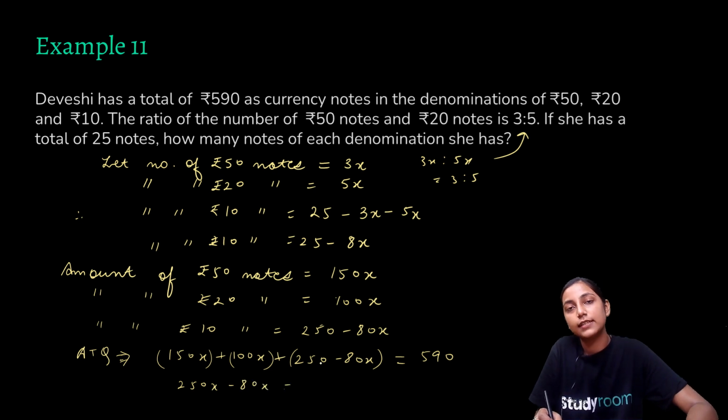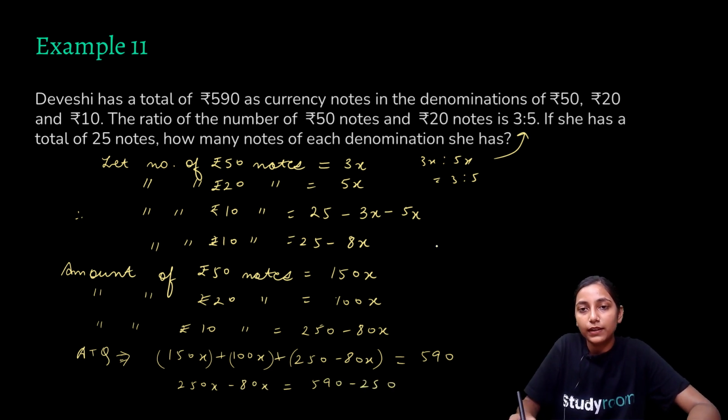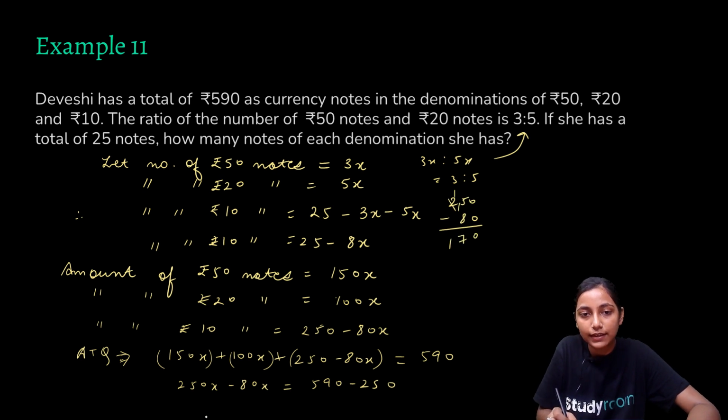Just take the constant to the other side, so it will be 590 minus 250. Subtracting 80 from 250, this is going to be 170x. And 590 minus 250 is 340.